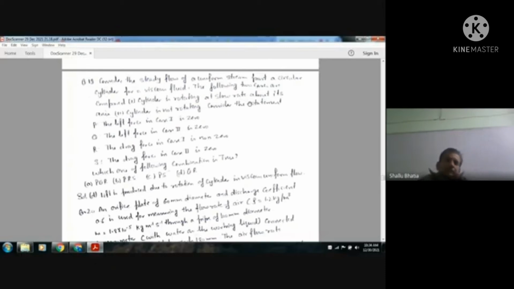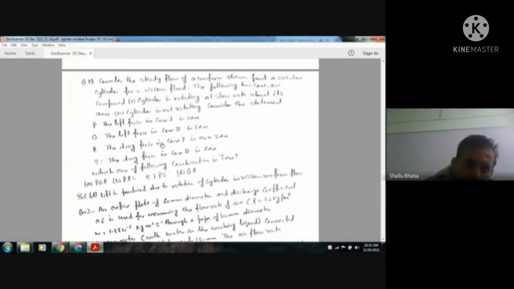C: PS. D: QR. When the cylinder is not rotating, there will be no lift, because lift is due to rotation of the cylinder. So in the first case the cylinder is rotating, so there will be lift, and in the second case the cylinder is not rotating, so the lift force is zero.